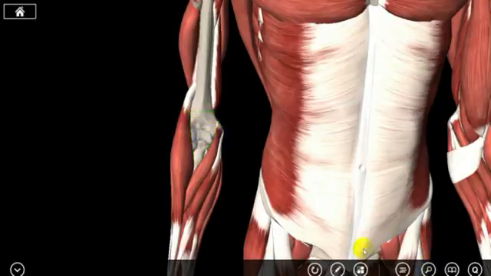So the lateral border of the cubital fossa is formed by the medial border of the brachioradialis muscle. So this muscle here is the brachioradialis muscle, and its medial border forms the lateral border of the cubital fossa.